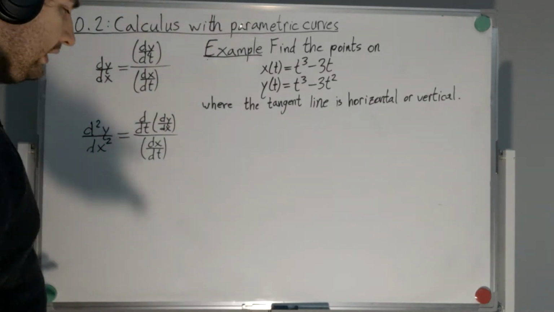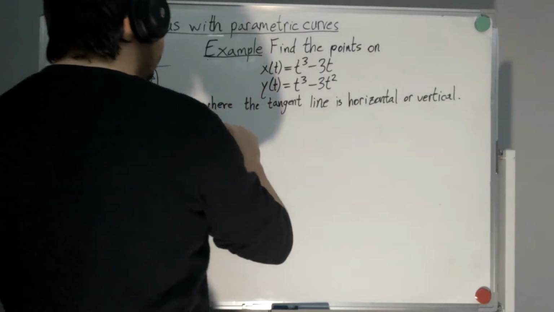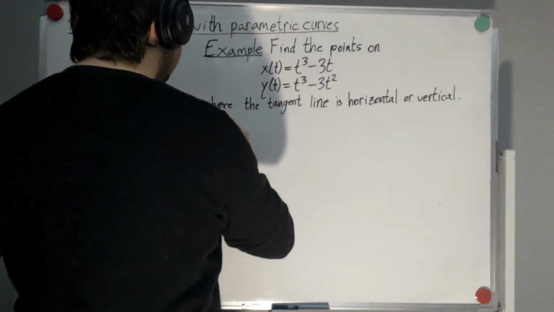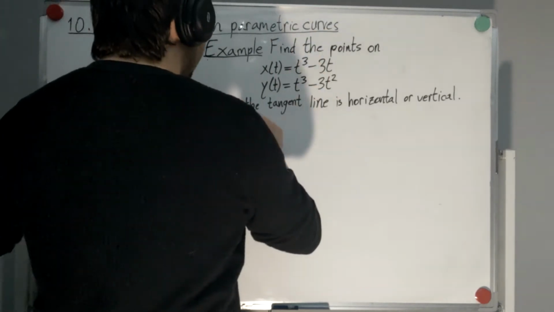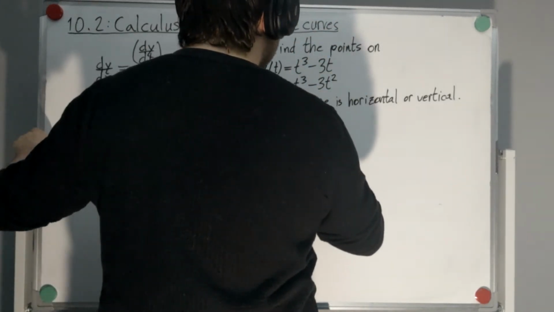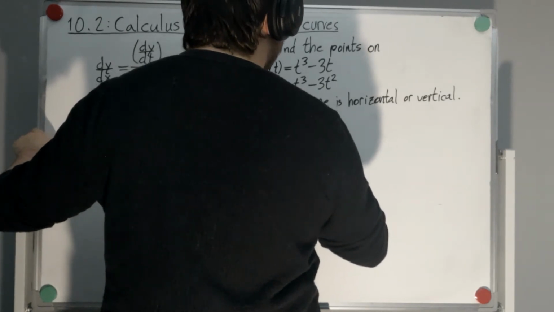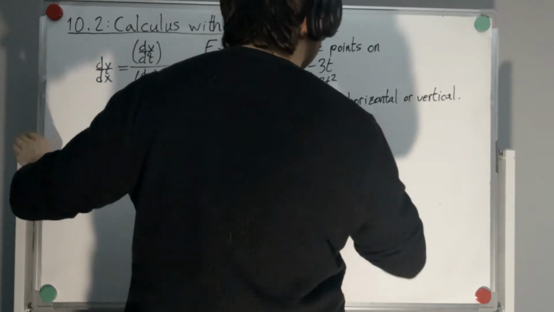That means we're going to need dy/dx, which means we're going to need dx/dt and dy/dt. So, dx/dt, that's going to be 3t squared minus 3. dy/dt is going to be 3t squared minus 6t.